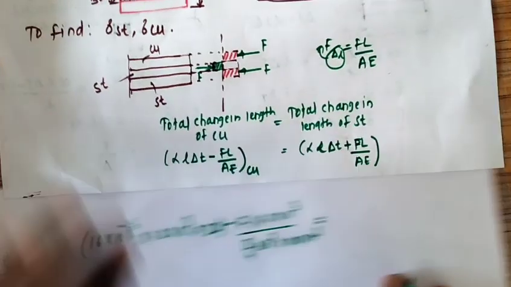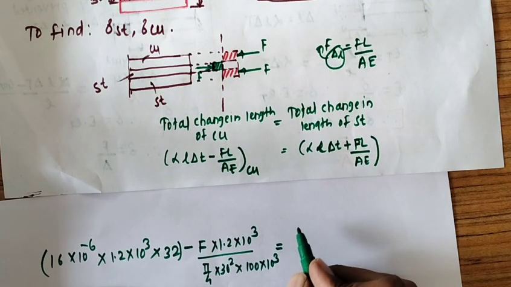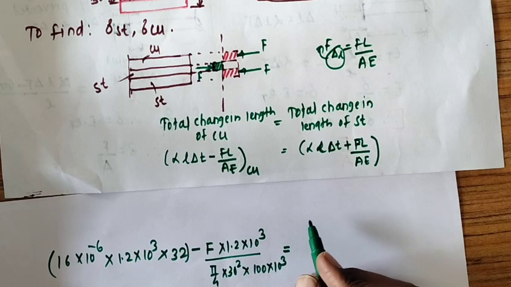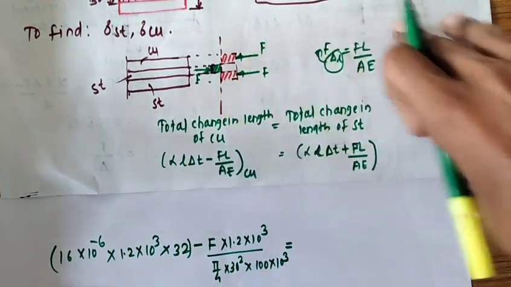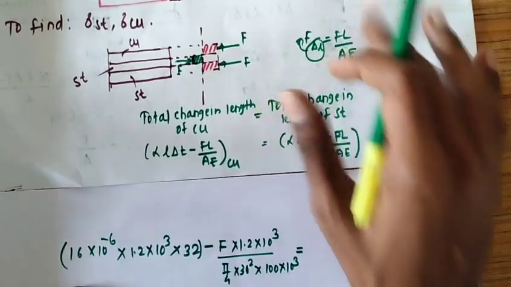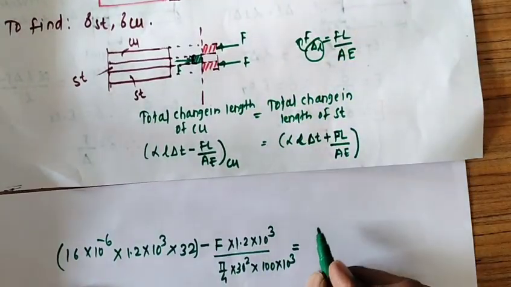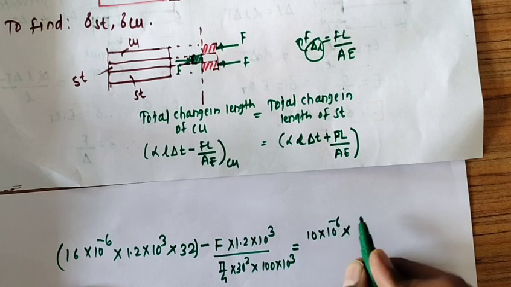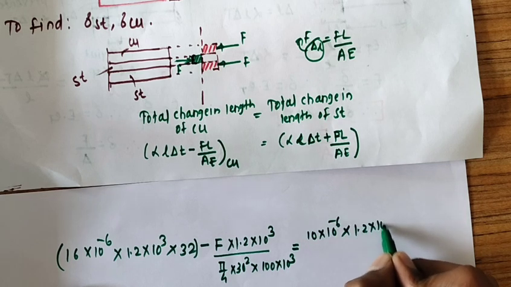This is equal to, now we put values for steel. For steel, the alpha value, as per the given data, we can check here. These values are given to us. So alpha is 10 into 10 raised to minus 6. L is the same, 1.2 into 10 raised to 3.